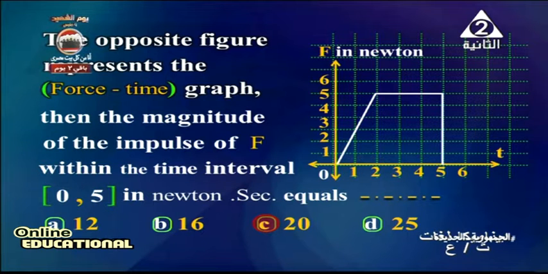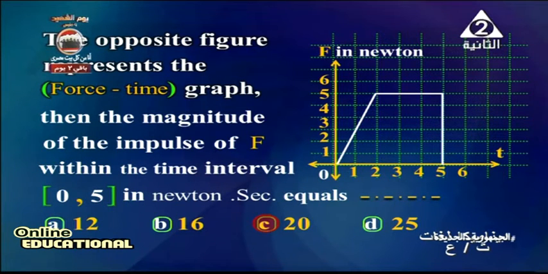The length equals 5 units and the width equals 3 units. Then the area equals 5 times 3 equals 15 square units. But the impulse here equals 5 times 3 equals 15 in Newton second units, because the force here is in Newton and the time in second.